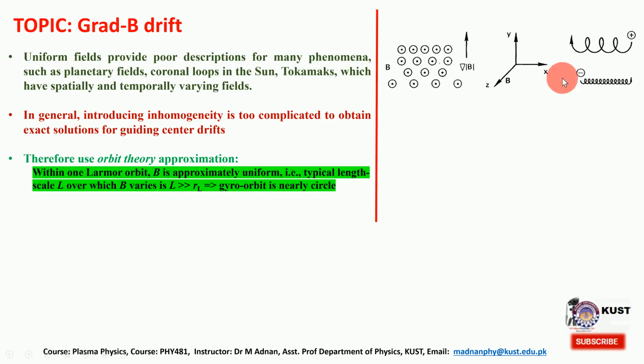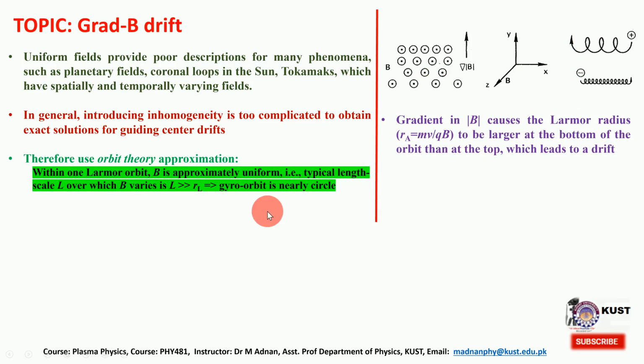So these are the senses of rotation for the electron and ion. We'll be saying that the scale over which the magnetic field varies is greater compared to the dimension of the gyro radius, so as to find the approximate results.